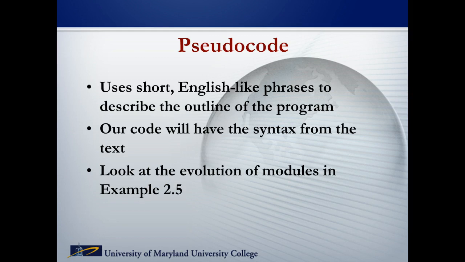If we look at the evolution of the module in example 2.5, you'll see that the coder started with a very general few lines that accomplishes what he needs to accomplish, and then he added a few lines more and a few lines more until he got exactly what he needed over there on page 81, about midway through.